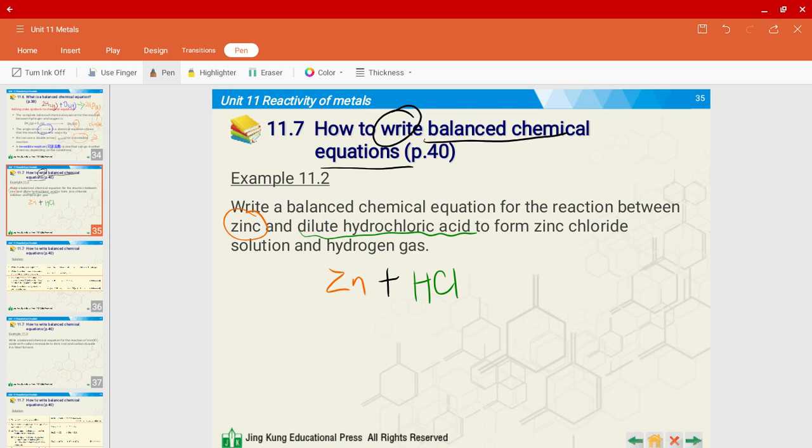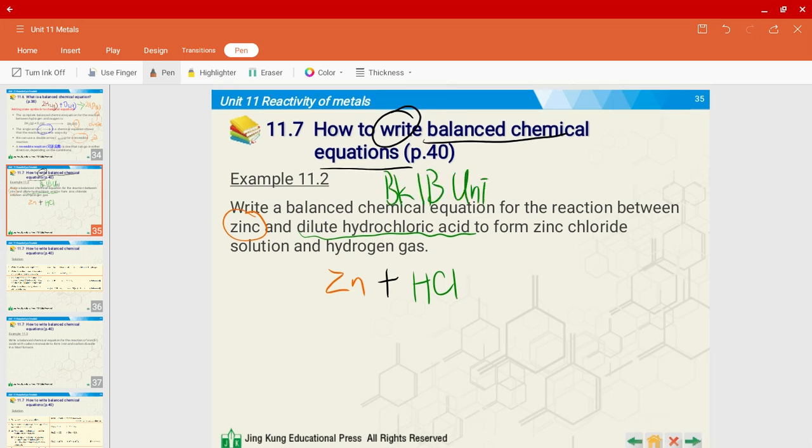And you may ask me, Mr. Harris, how do you know that so quickly? I'm telling you because remember I've mentioned that in book 1B, I believe it is unit 7, page 88. Go there and have a look. Remember the table? We've done a dictation on the table as well. Please make sure that you still remember the common ionic substances and their formulas.